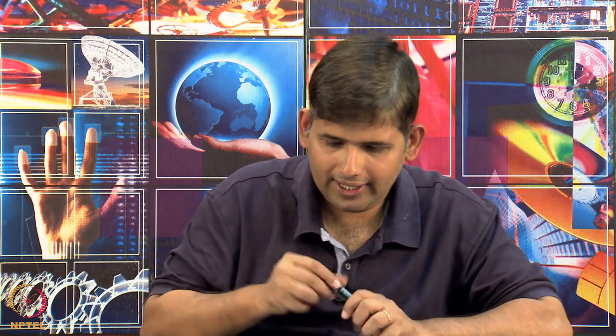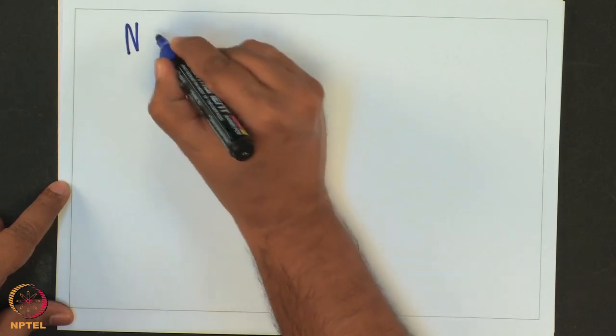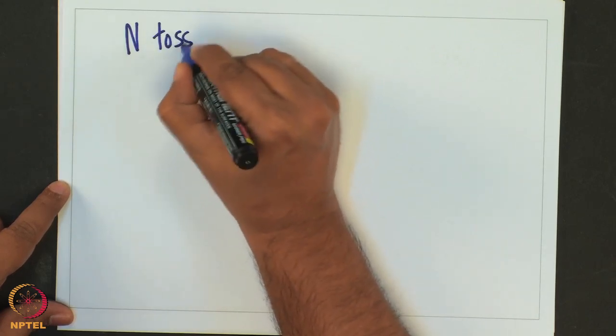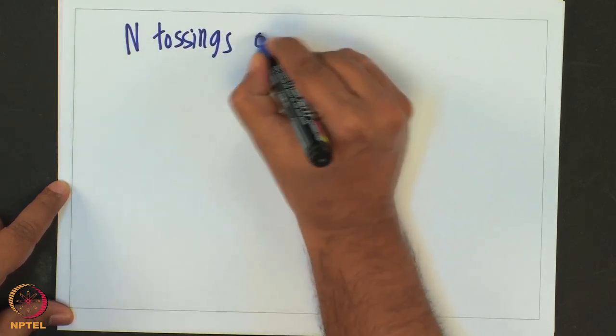Out of this n, how many babies are female, right? What is the probability of getting exactly k females? These are the questions that let us first answer. So I would write here, you have n tossings of a coin.